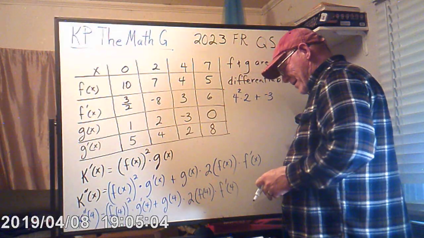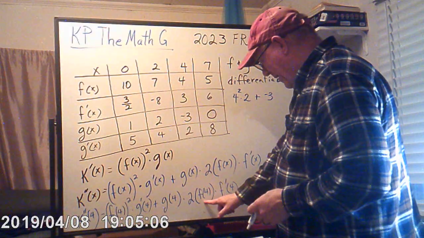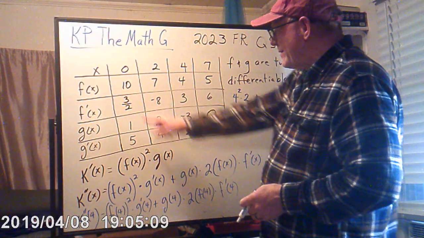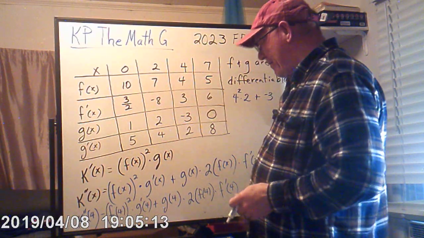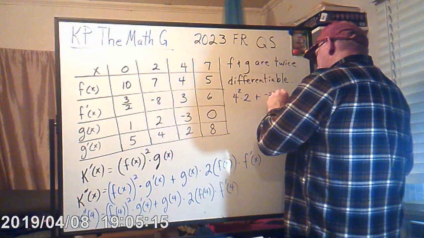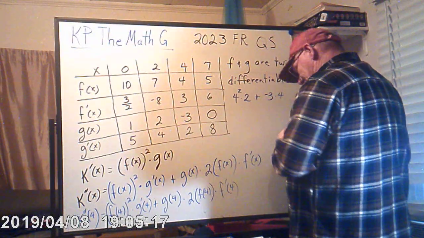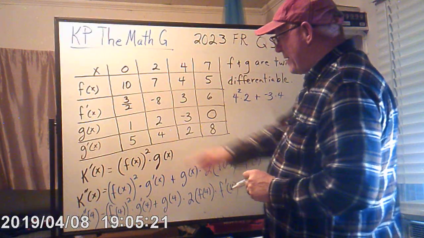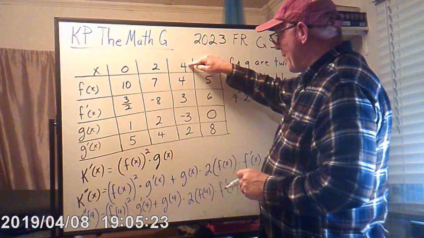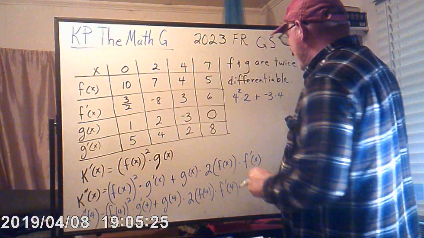Okay. Well, let's see. I've got to find f at 4 now. f at 4 is 4. We've already determined that, didn't we? So times 4, times f prime at 4. f prime at 4 is 3, correct?